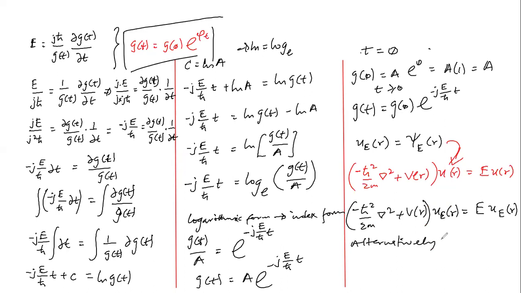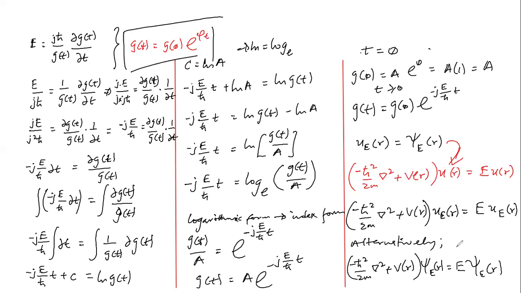Alternatively, we can also put it this way: negative h-bar squared over 2m del squared plus V(r), acting on psi_E(r), equals E psi_E(r). So we're actually saying the same thing.